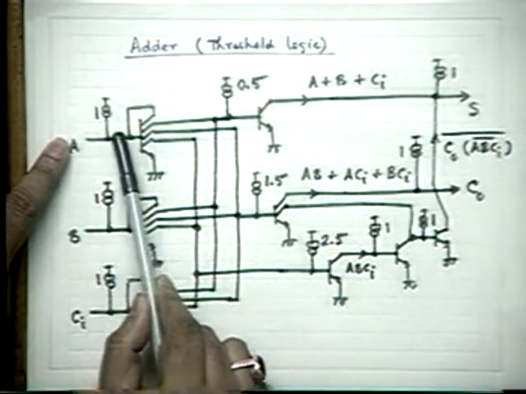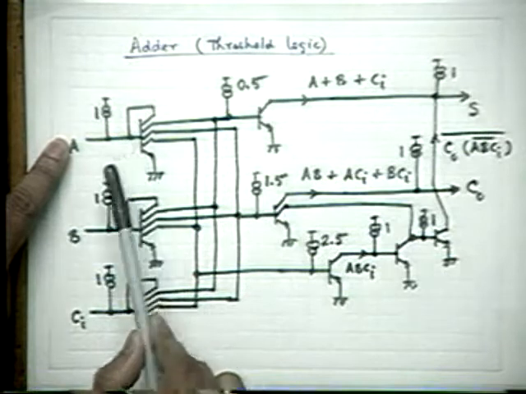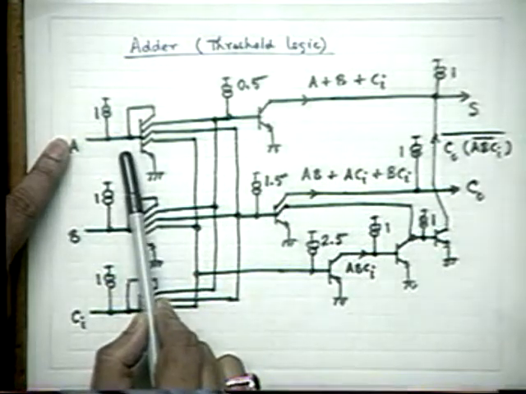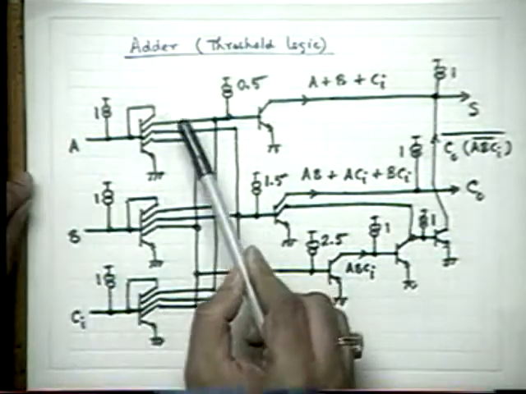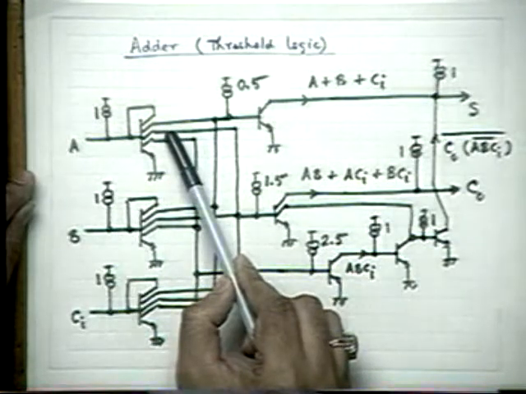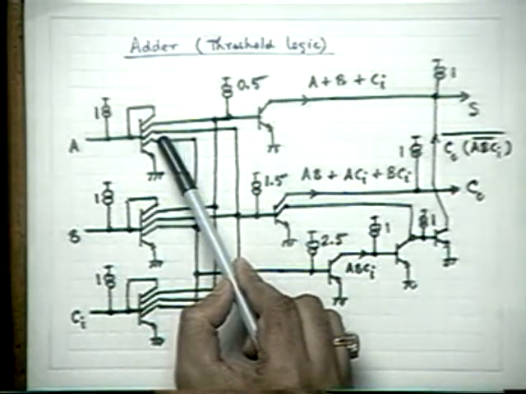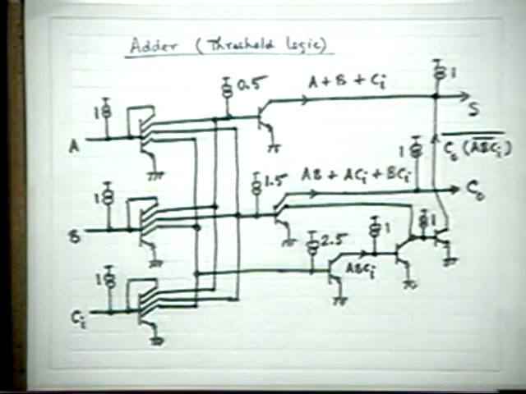The current will be inputted to the base of this inverter, and each collector can draw not more than 1 unit of current. It will have a tendency to draw that 1 unit of current, not more than that.